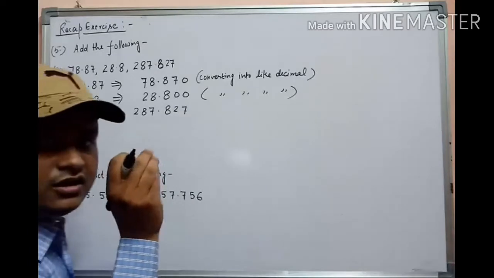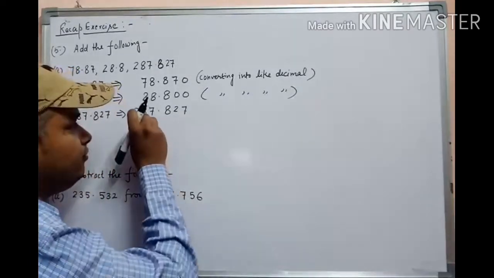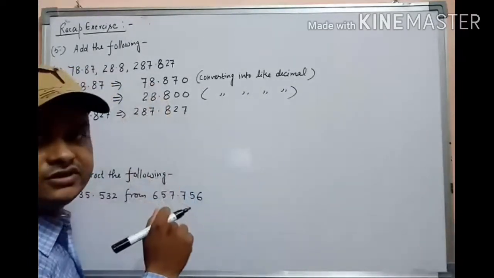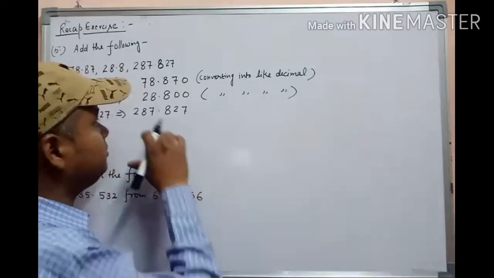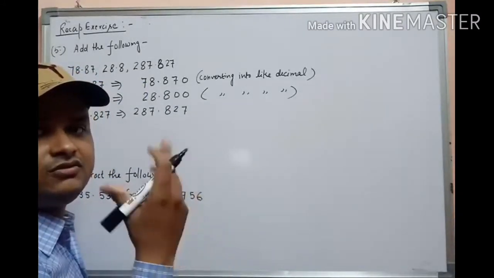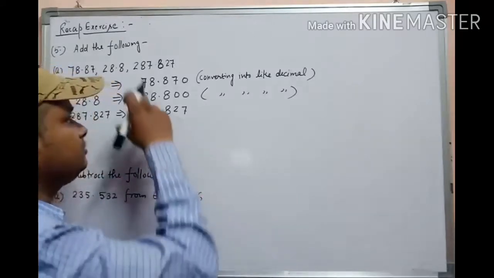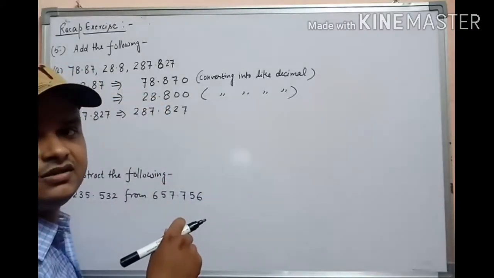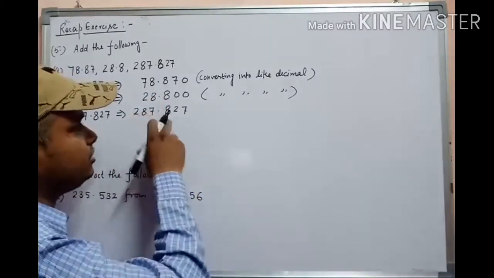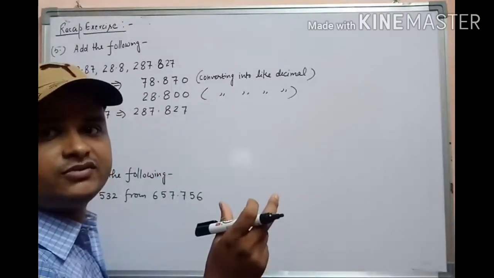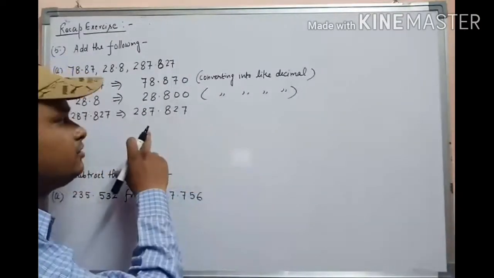Students, keep in mind that if the whole parts are not similar to each other, there is no need to worry about it. You have to check only the decimal part, not the whole part.